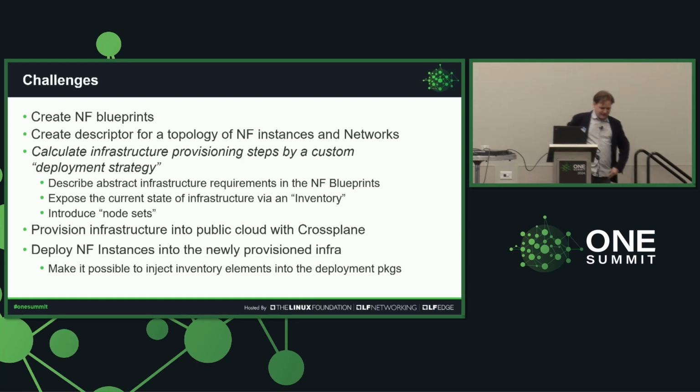The third thing is that I had to provision the infrastructure. OK, I calculated the desired state of the infrastructure. Now I have to actually deploy it, provision it. Again, I already had Crossplane resources at the starting point. What could go wrong? It is easy. The problem was that right now, Nephio is built in a way that the workload clusters are managed by Cluster API, and the workload clusters are kind clusters.